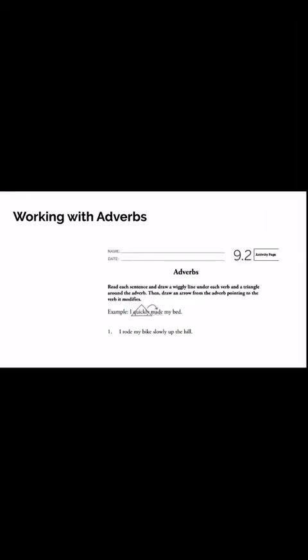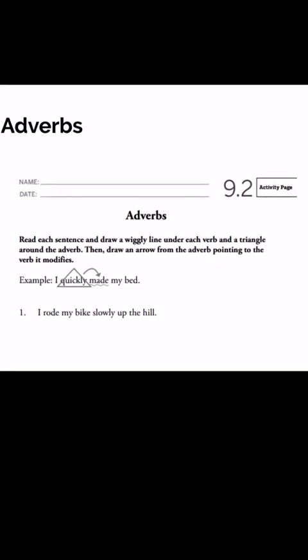Okay, let's go on. Now that we went over adverbs, we're going to page 9.2. Let's read through the directions. Read each sentence and draw a wiggly line under each verb and a triangle around the adverb. Then draw an arrow from the adverb pointing to the verb. Okay, let's look at the example that they gave us. I quickly made my bed.